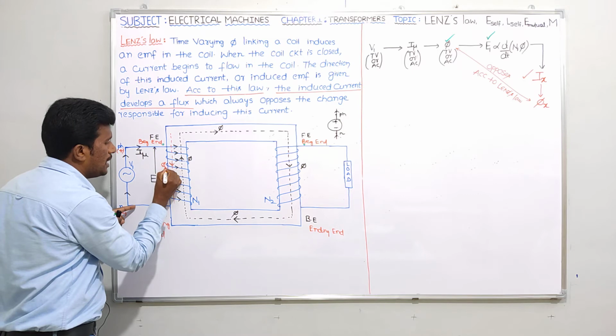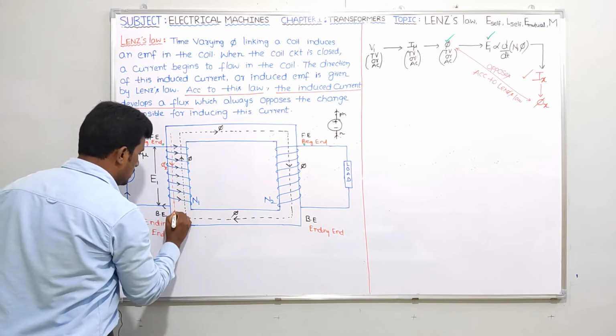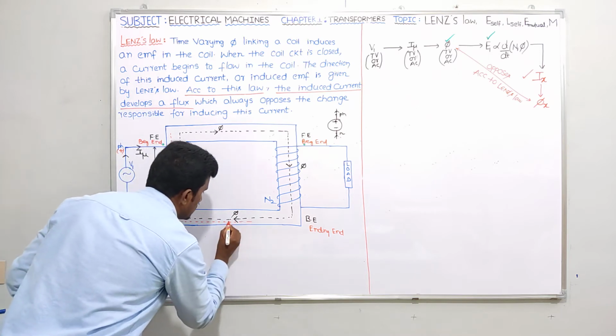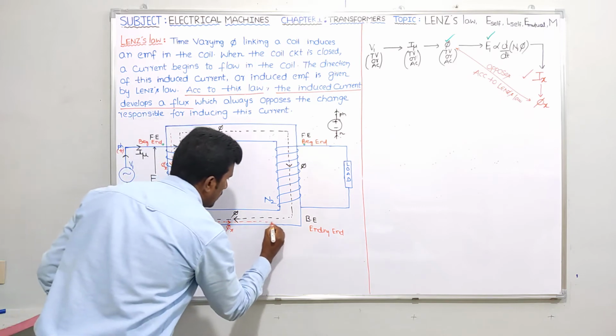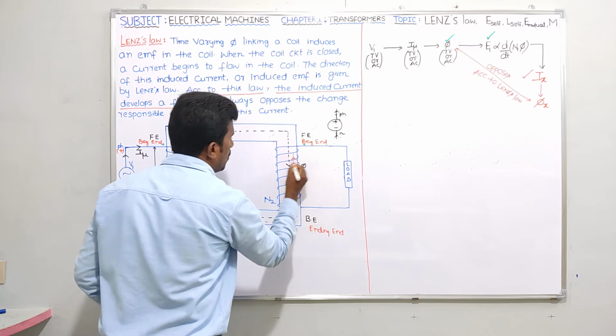Since phi x opposes phi, and phi is upwards here, the black arrow mark, phi x should be downwards. Is it clear? Yes, it should be like this, which is opposing the core flux.